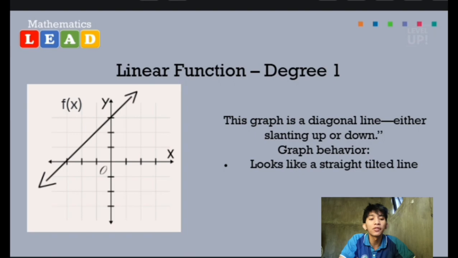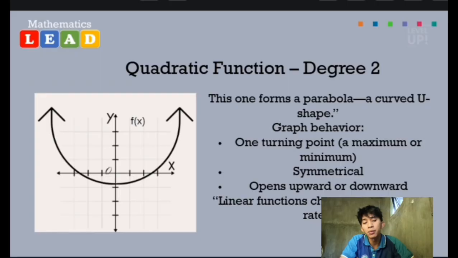It has curves, a twist sometimes, crossing the x-axis more than once. Graph behavior can have an S-shape with up to 2 turning points. Ends go in opposite directions, one up and one down.